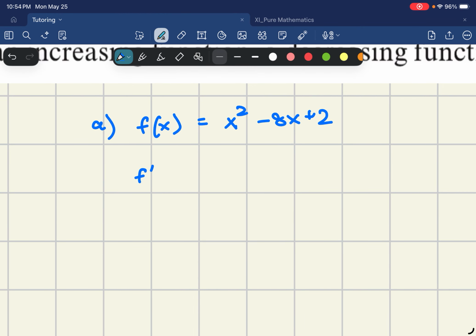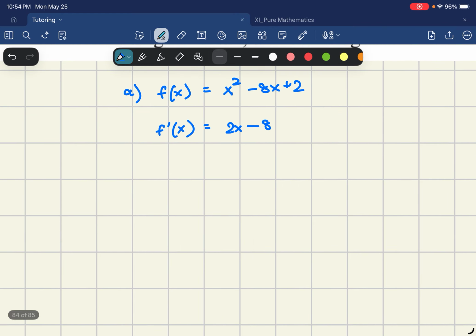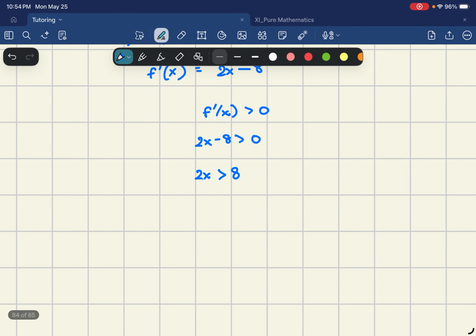So f dash of x, the derivative, is going to be 2x minus 8. Now let's think about this. When is f dash of x bigger than 0? Well, that means 2x minus 8 has to be bigger than 0. If I add 8 on both sides, 2x has to be bigger than 8, and x has to be bigger than 4.